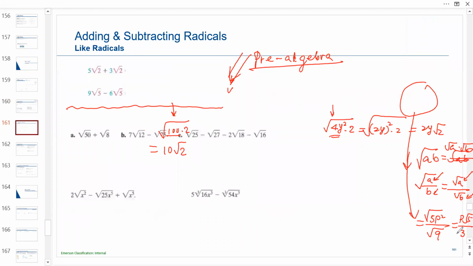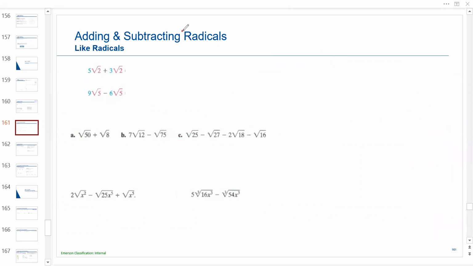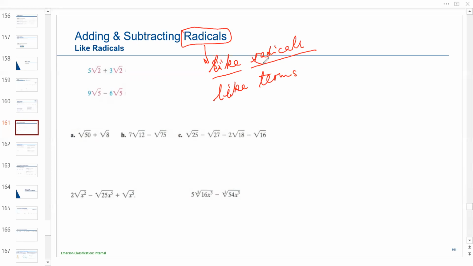All right, so we can move on to addition and subtraction of radicals. That part is really close to identifying like radicals, similar to the like terms we learned earlier.